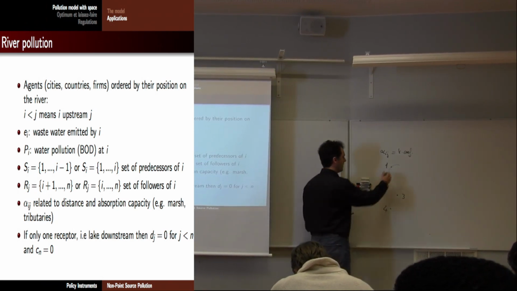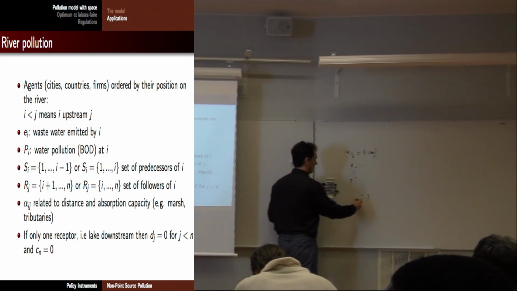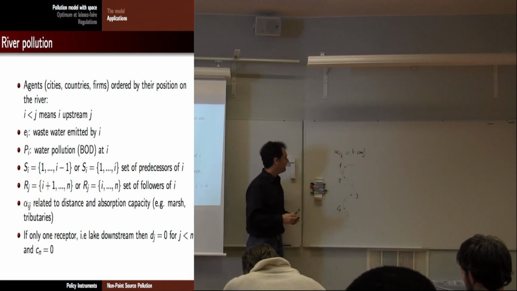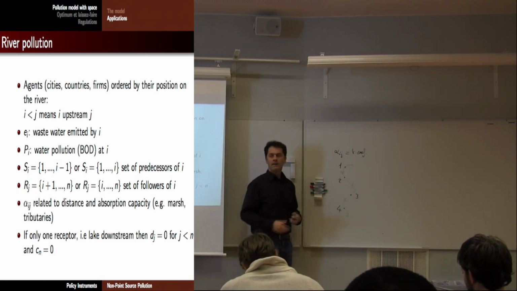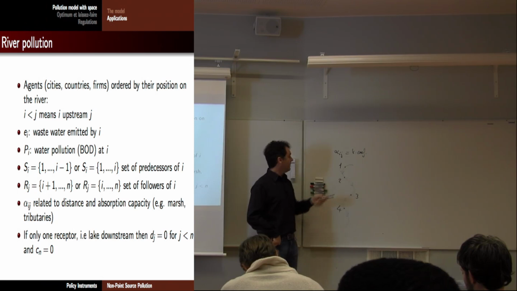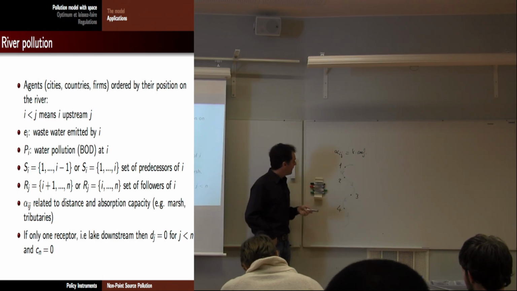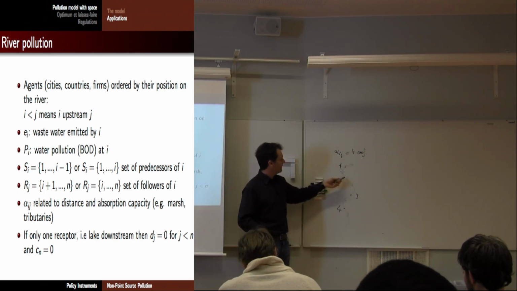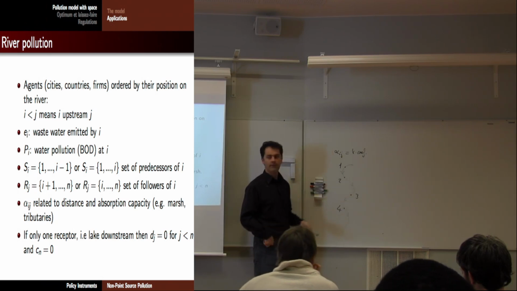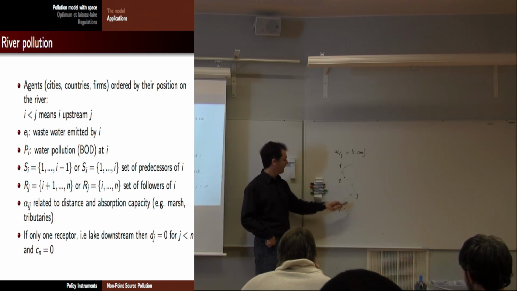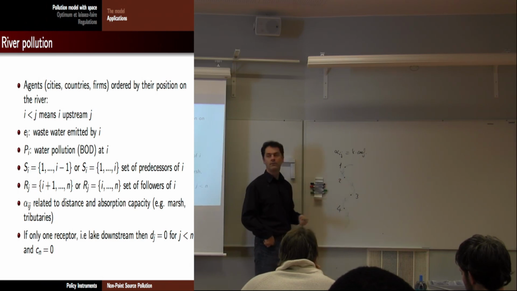The water flows down that way. So in this case, if agent 1 emits some pollution, then it affects agents 2, 3, and 4. If agent 3 emits pollution, it affects agent 4, but not agents 1 and 2.